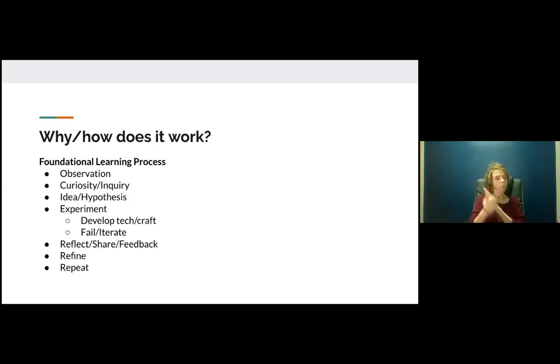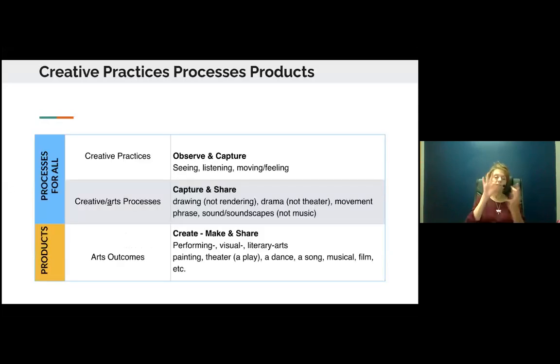We practice failure, or I love using iteration instead of failure, because that's what we're doing. We're just trying over and over, and then reflect, share feedback, and then refine and repeat. So I think the first part, we start with observing and capturing.